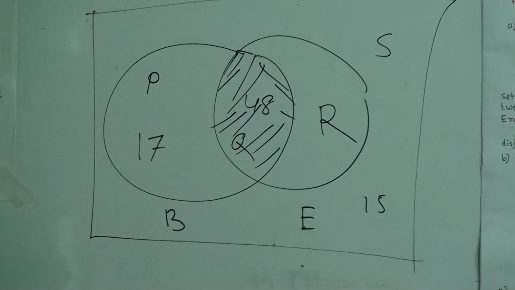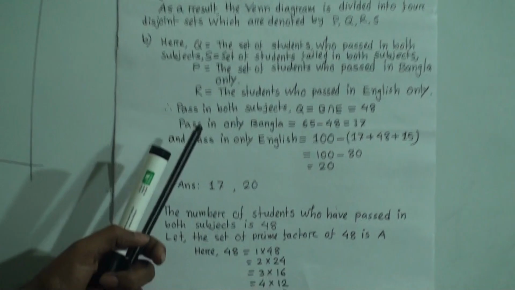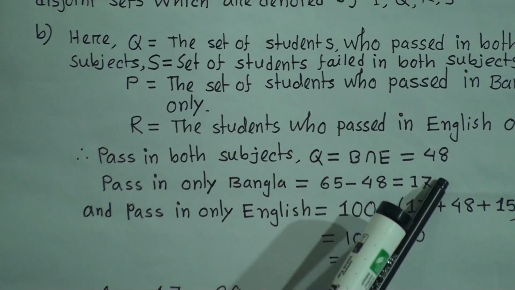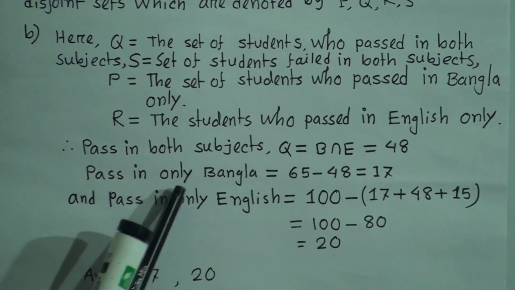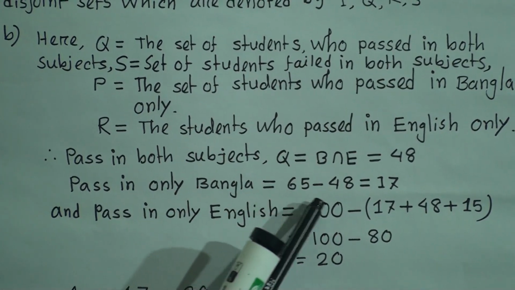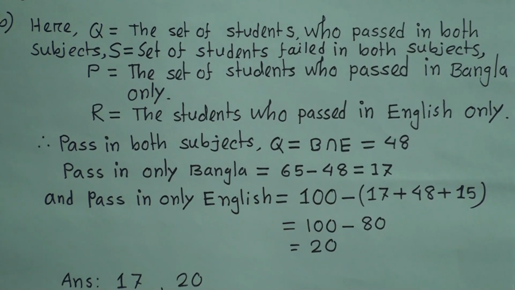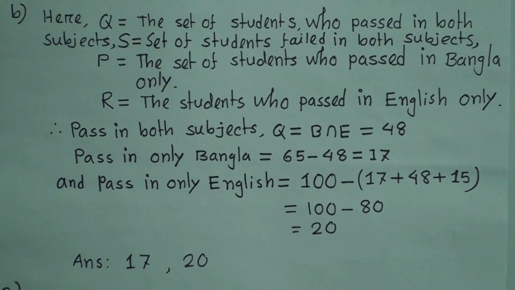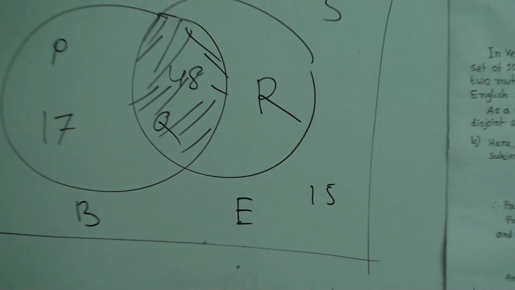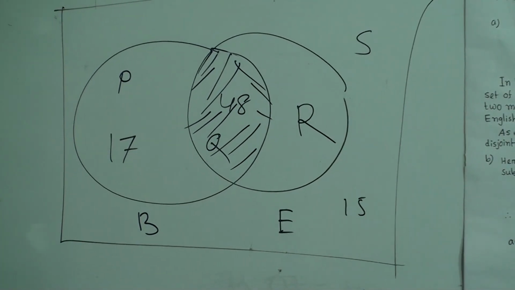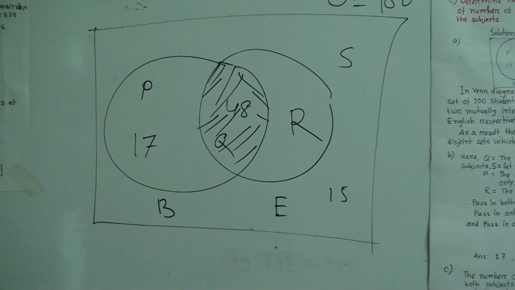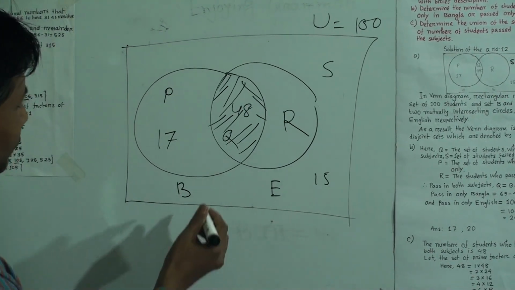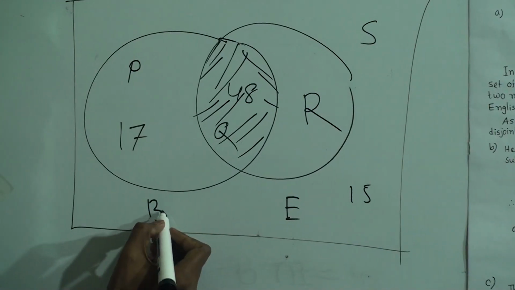Now pass in both subjects, you see Q equal to B intersection E equal to 48, and pass in only Bangla is 65 minus 48 equal to 17. How? I told you pass in Bangla is 65, but now I say pass in only Bangla is 17. Look students, please carefully look. This is Bangla.